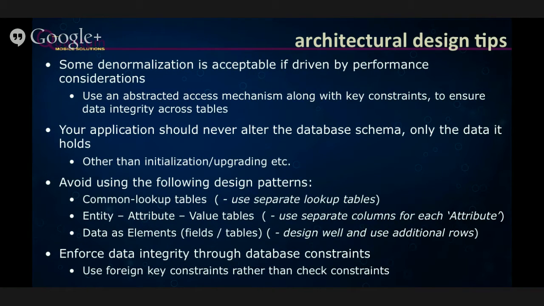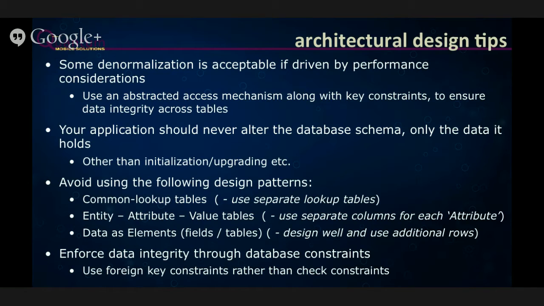Now, some denormalization is acceptable if driven by performance considerations. So, for example, you might have a very large table with certain information in it, and that might just be too slow for you, and you might want to take some of that information out and put it in a different table, which will give you faster access to some of that information.